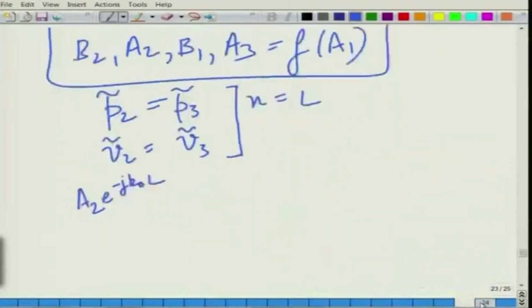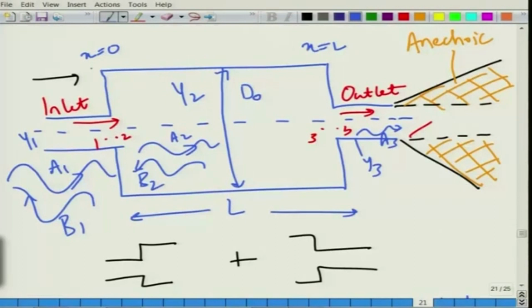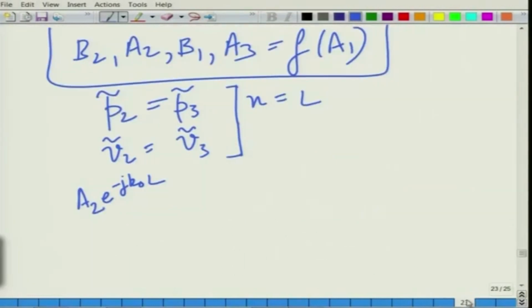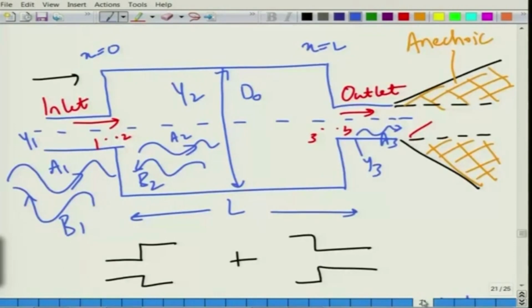So, the idea is that if you are putting your coordinate system somewhere here, x is equal to 0, here will be x is equal to L, and you will get things like this. So, this will happen, and for the other chamber you can just put the coordinate system again translated.